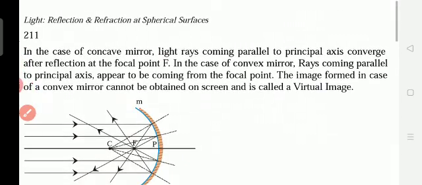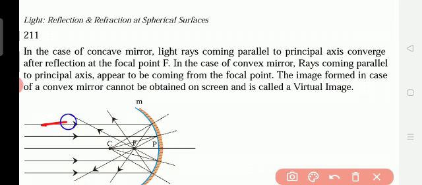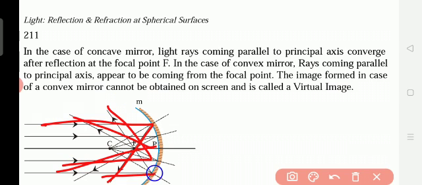Appear means seeing, it will show as though it is coming from inside, which is wrong. Here the rays are parallel to the principal axis, but they will show as though they are coming from there. Where all the rays meet, at that point only the image will be forming.